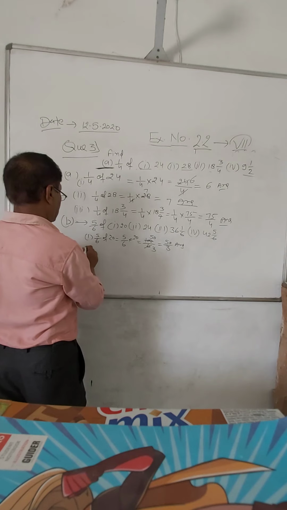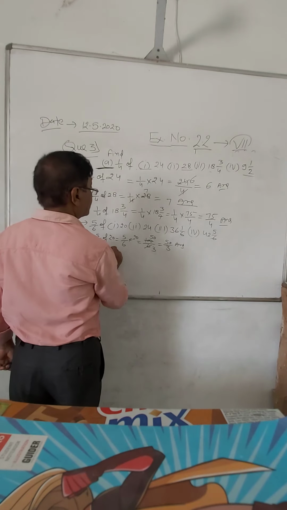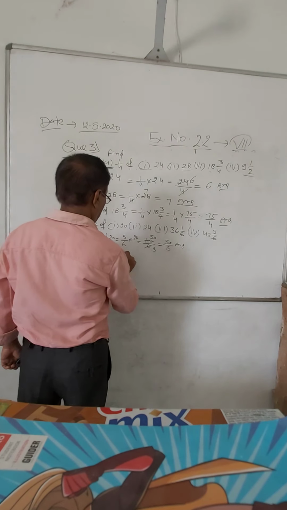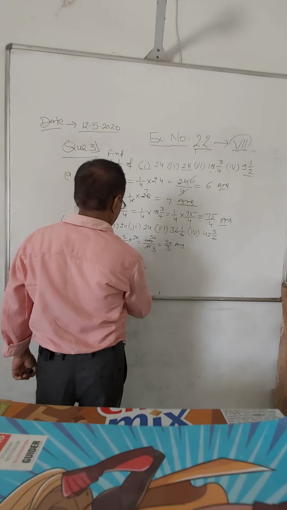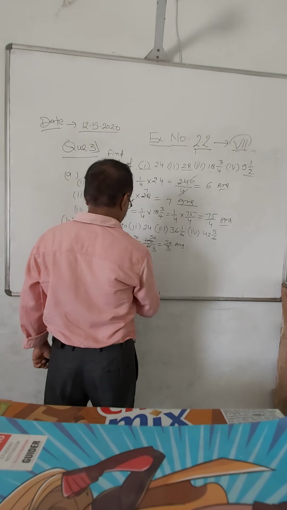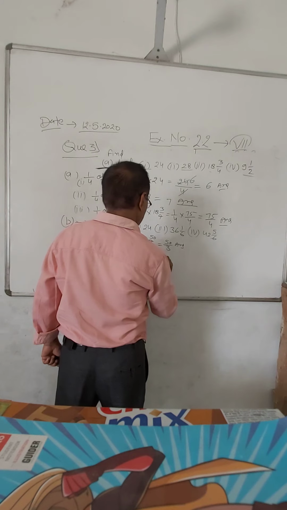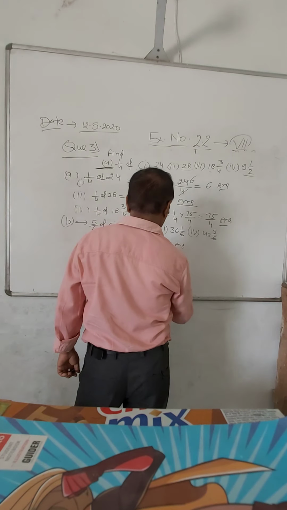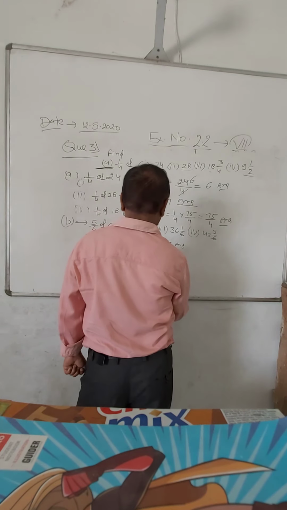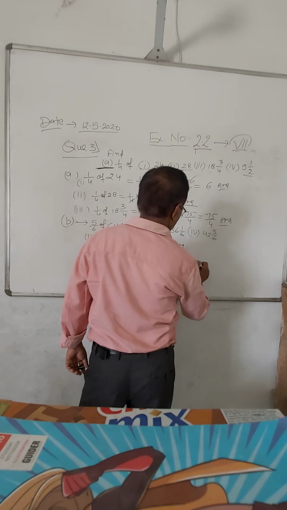Second, 5/6 of 24. 5/6 into 24. This will become 120 upon 6. 6 twos are 12, 20. This is the answer of this one.